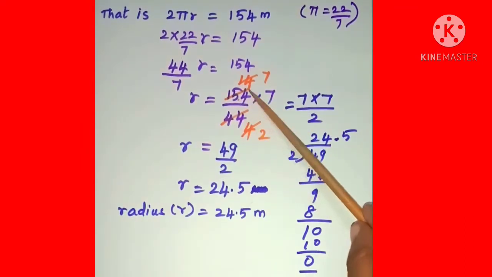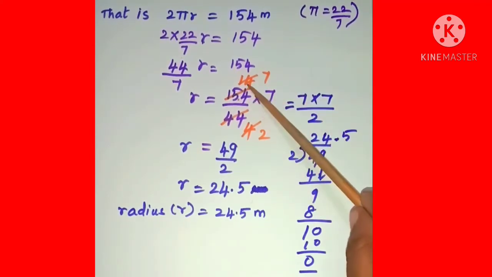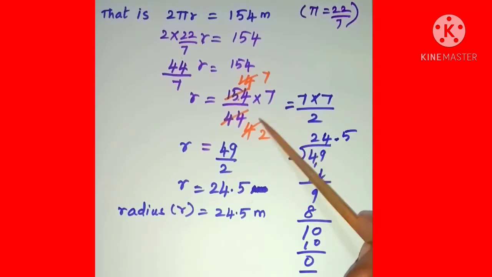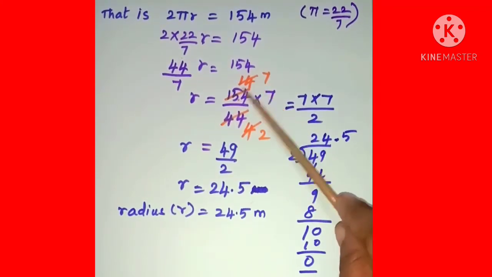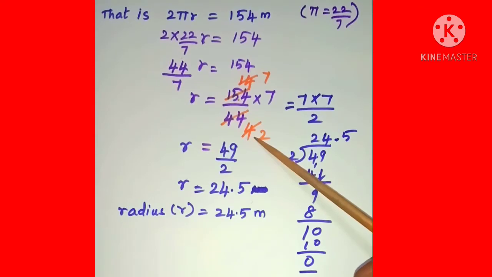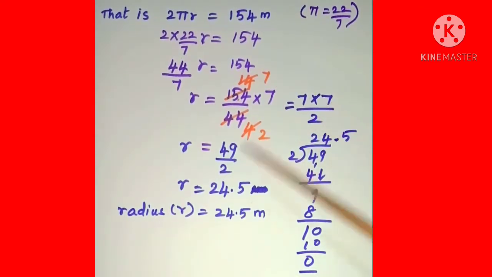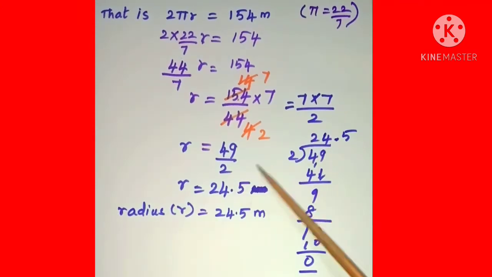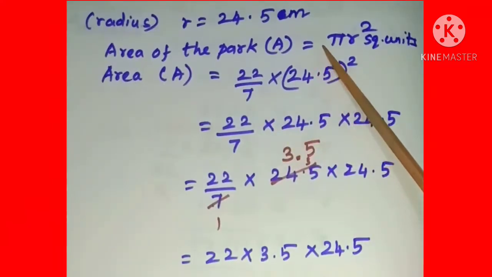Now cancelling 154 and 44 by using the 11 table, in the numerator it is 14 times, in the denominator it is 4 times. And again by using the 2 table, when we cancel 14 and 4, in the numerator it is 7 times, 7 2s are 14, and in the denominator it is 2 times. So 7 into 7 by 2, 7 into 7 is 49 by 2. So when we divide 49 by 2, we get radius is equal to 24.5 meter.